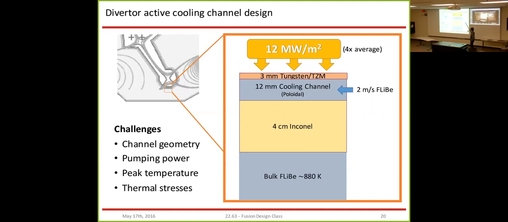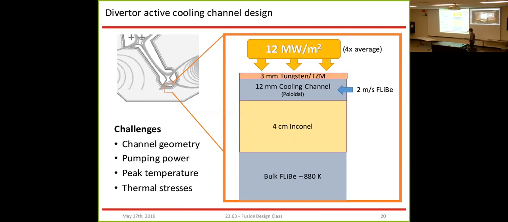This 12 megawatts per meter squared hits a first wall material, which we explored either tungsten or TZM. Immediately behind this first wall is a cooling channel. And again, these cooling channels surround the divertor and travel toroidally and have 2 meter per second FLiBe flowing through them. And finally, behind this cooling channel, we have 4 centimeters of structural Inconel, which all then sits in the bulk FLiBe tank, which is sitting at around 880 Kelvin.